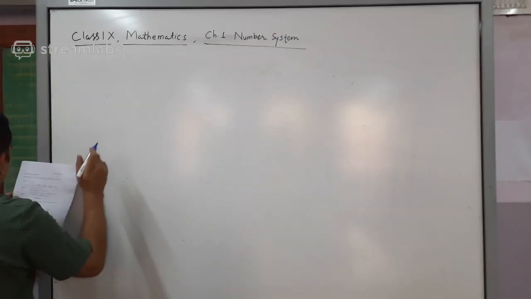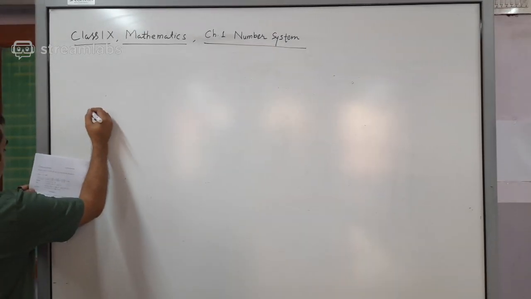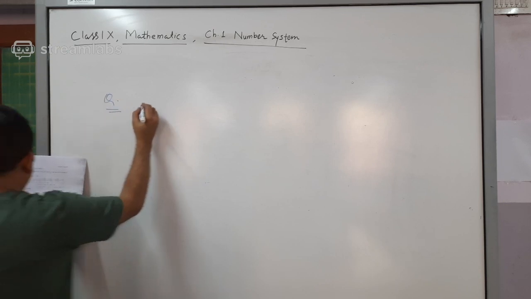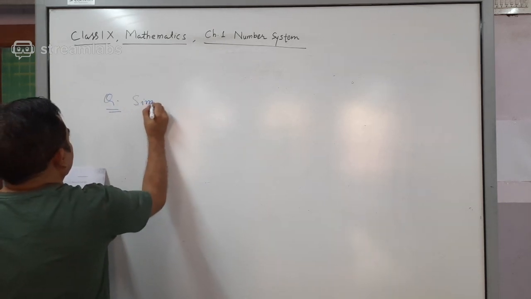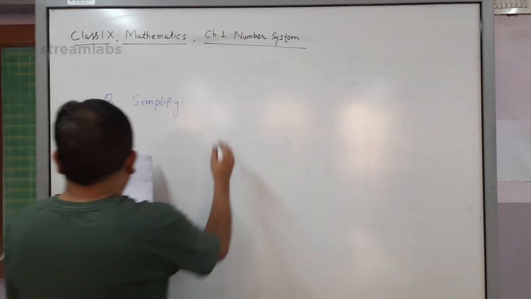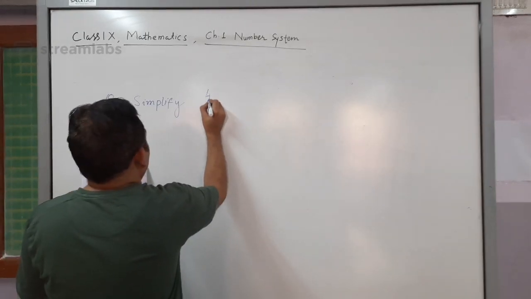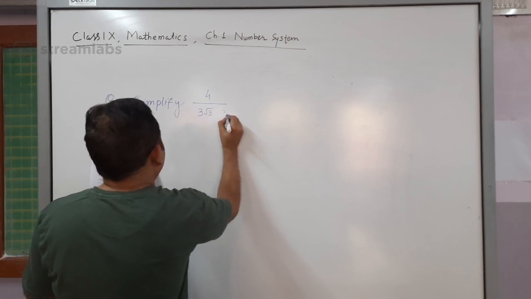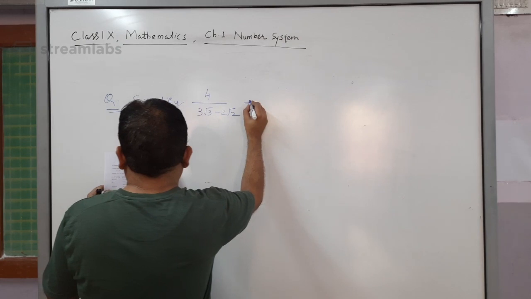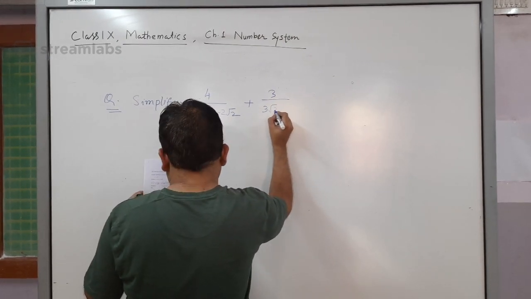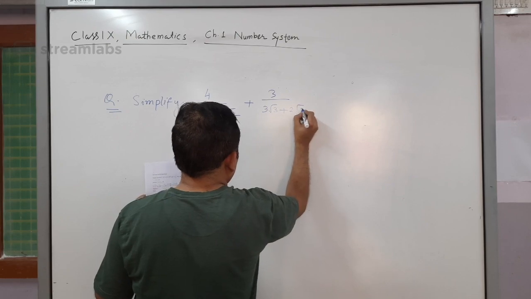Question is about simplify: 4 upon 3 root 3 minus 2 root 2 plus 3 upon 3 root 3 plus 2 root 2.